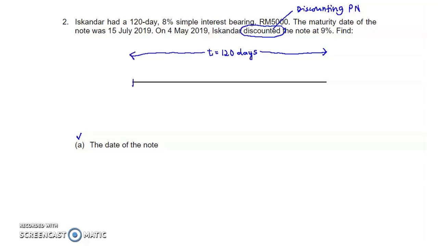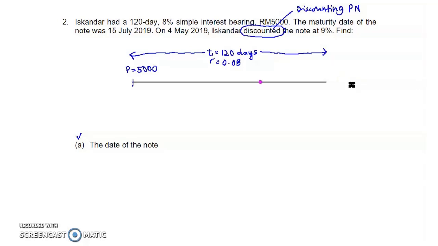Here must be value P, face value 5,000. 8% simple interest, so R equal to 8%. On 4th May, Iskandar discounted the note at 9%. So the discounting date must be before the maturity date.